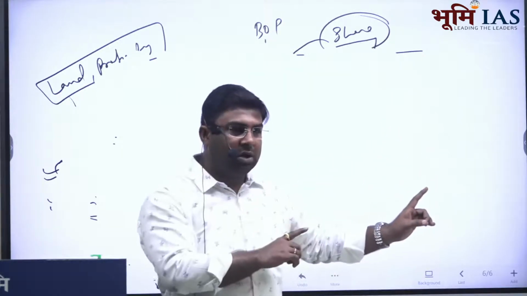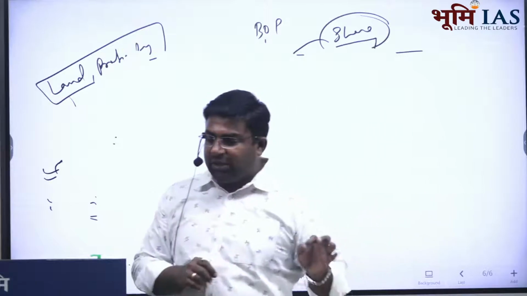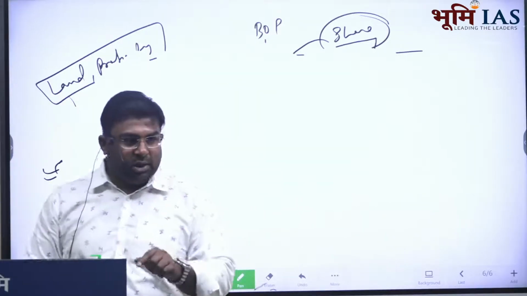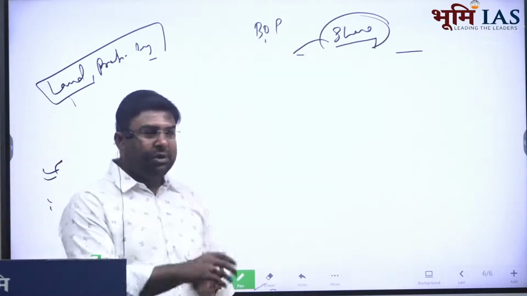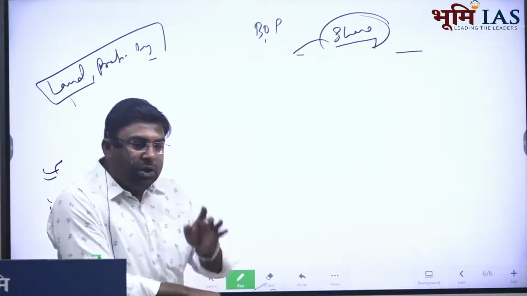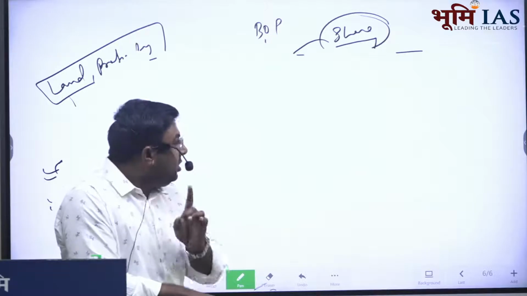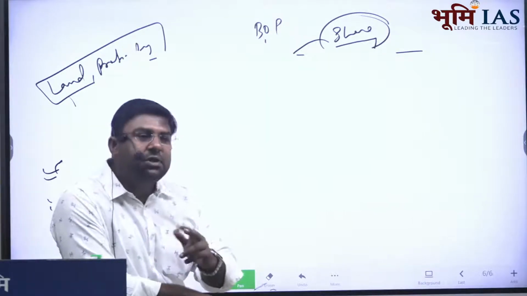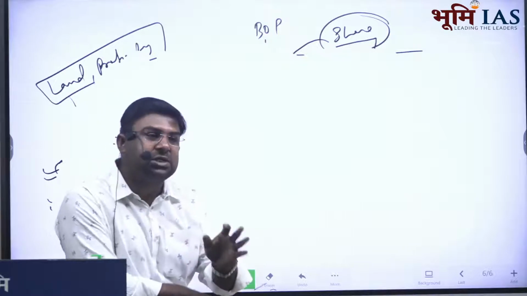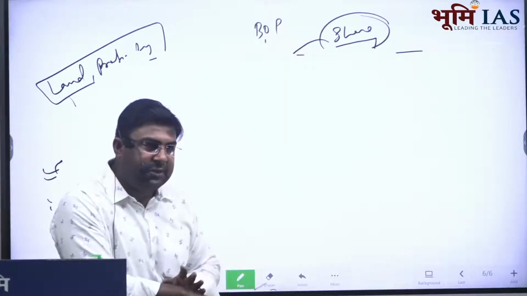Capital account. If you use the word and instead of or, then you have made a blunder. You must always use the word or for these two statements. Any of these two criteria needs to be satisfied. Fine?